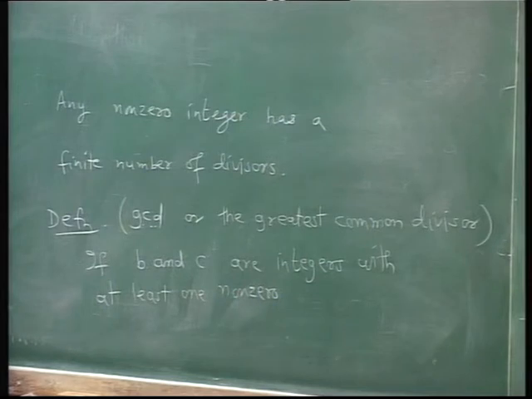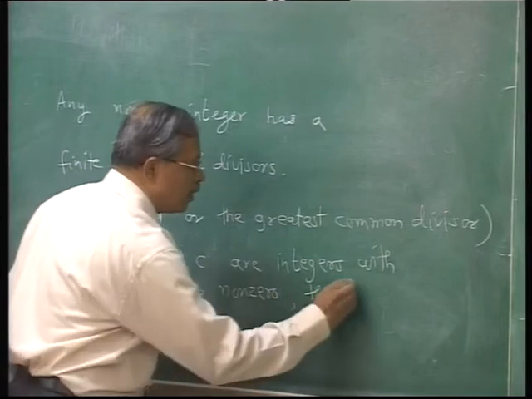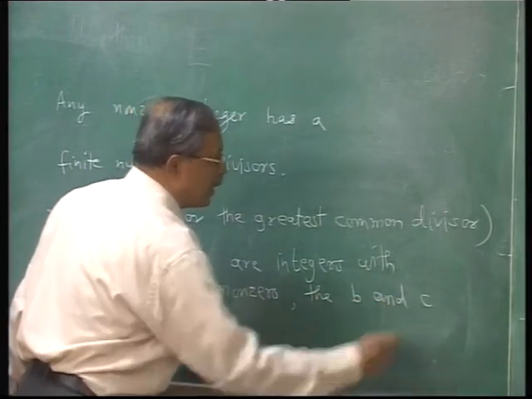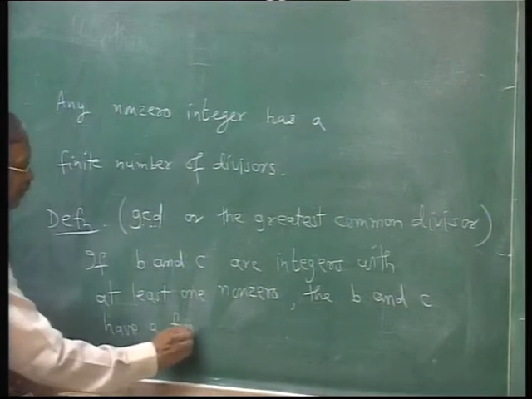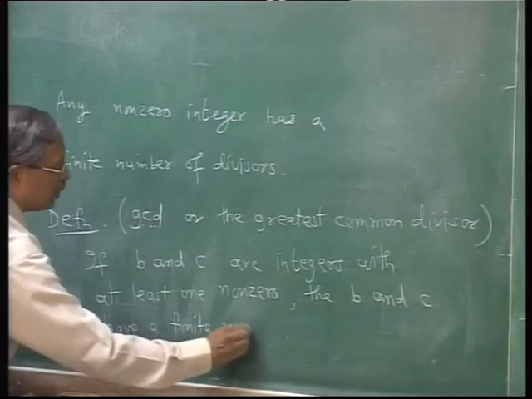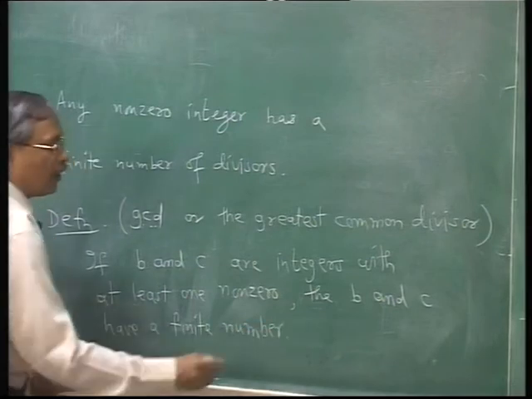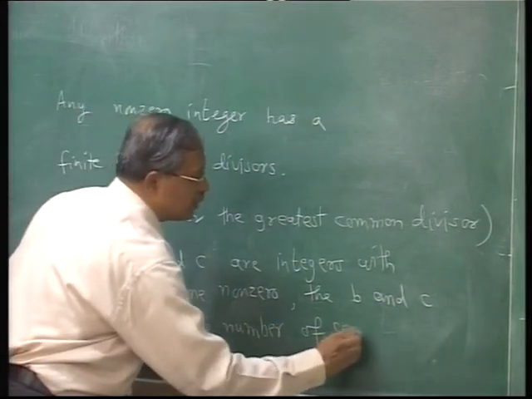See, 0 is divisible by every integer. So if B and C are integers with at least one non-zero, then B and C have a finite number of common divisors.